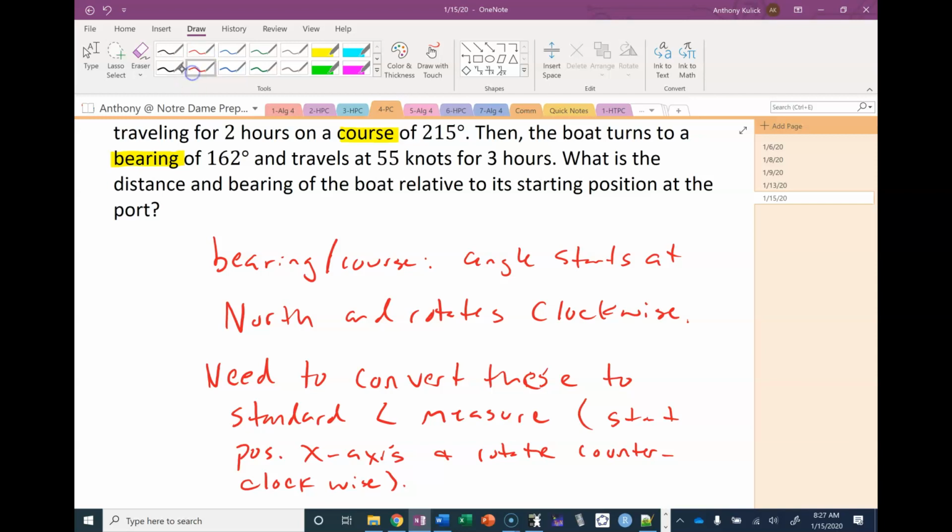So this is an important piece. If you don't do this, you're never going to get any of the right answers. And don't ask me why navigators have decided to measure angles in this fashion. I don't know why they've decided to do this, but it's an important conversion that we have to start each one of these kinds of problems by doing. Okay?